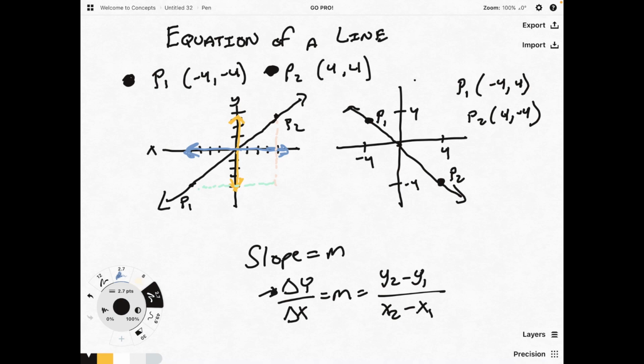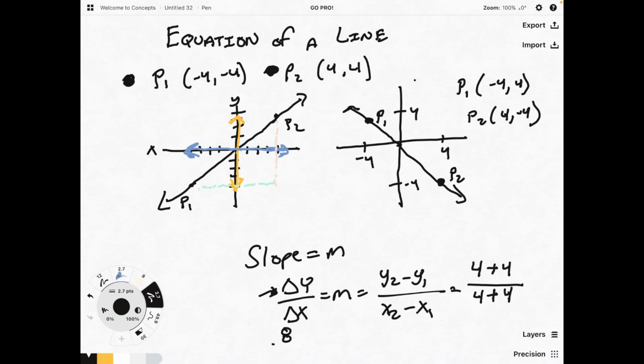Plugging in the points, we have y2, coming from P2, which is 4, minus -4, so we do plus 4, because a negative and a negative equal a positive, and then divide that by the change in x, so we do 4 minus -4, which is plus 4.